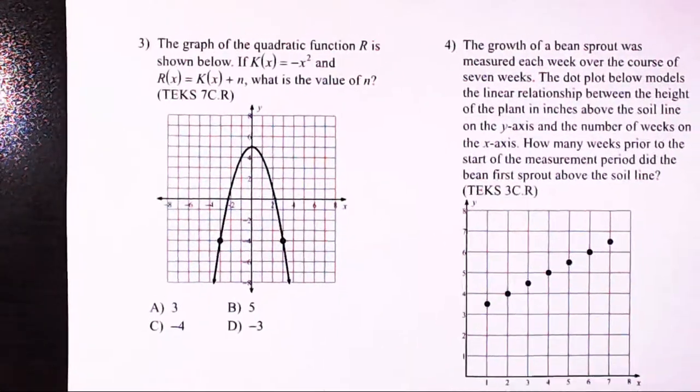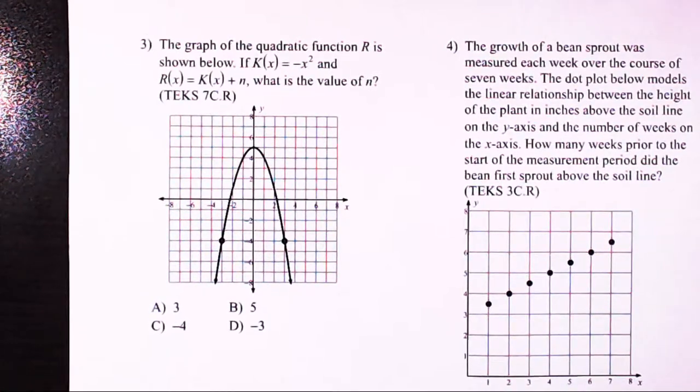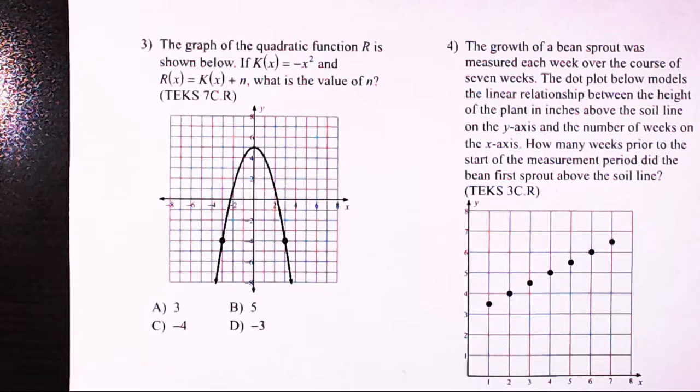Number 3, the graph of the quadratic function r is shown below. If k of x equals negative x squared and r of x equals k of x plus n, what is the value of n? Okay, this sounds harder than it is.